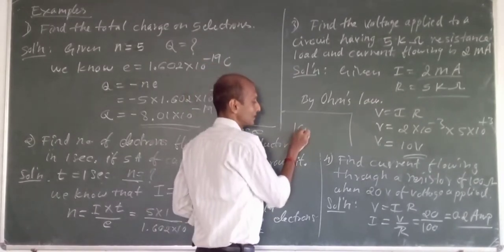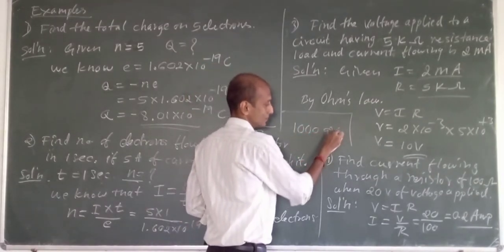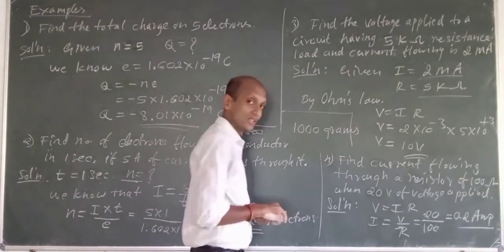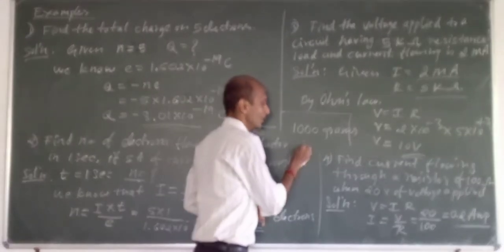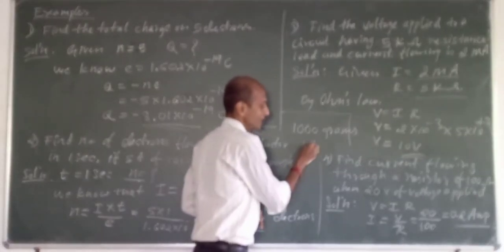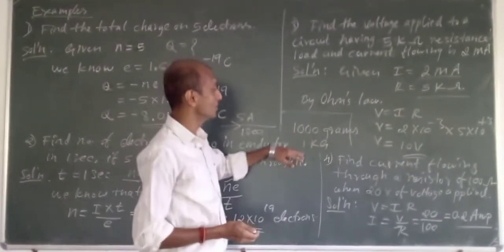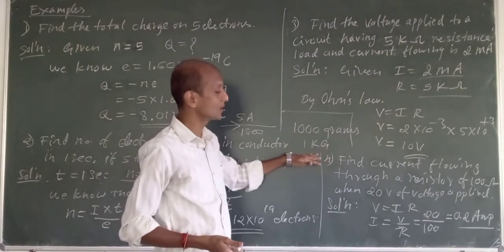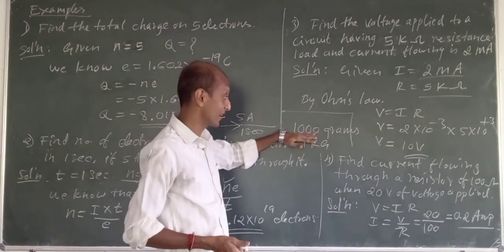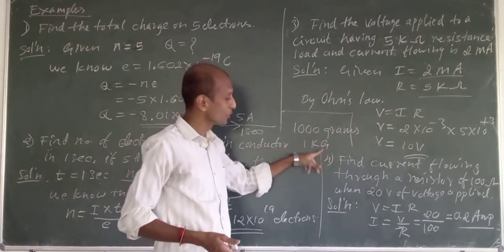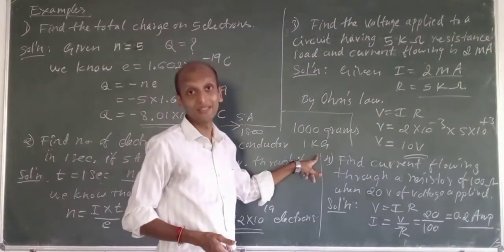It is 1000 grams. 1000 grams equal 1 kilogram, that is kg. Instead of writing 3 zeros, we use these representations.